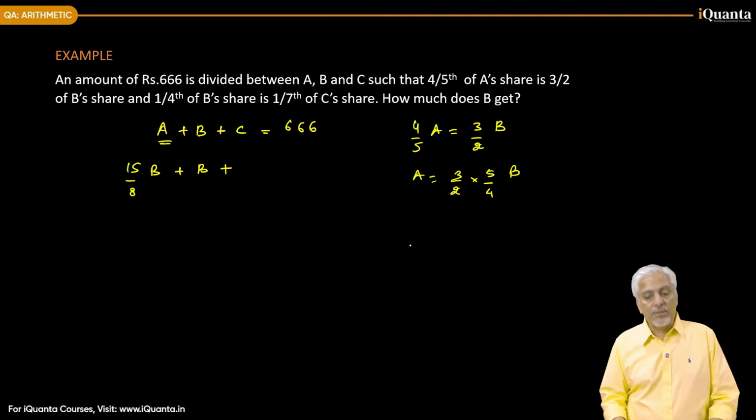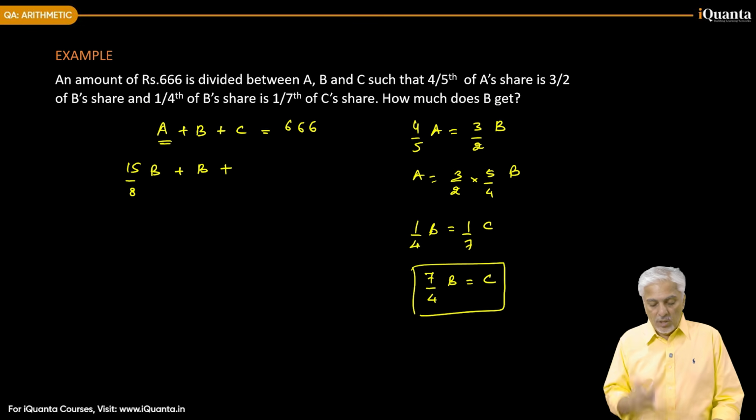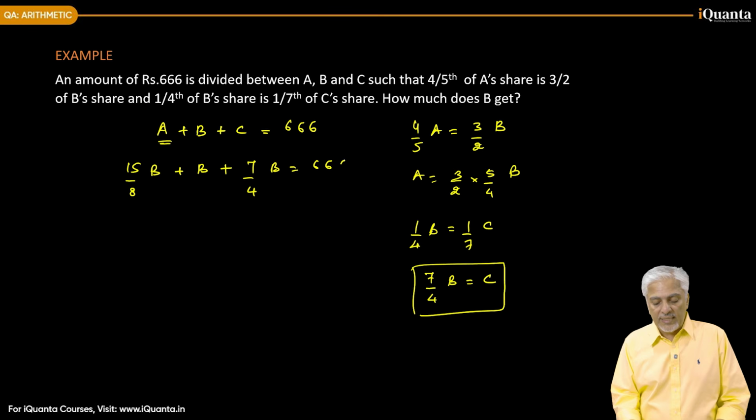And in the second case, it was given 1/4 of B is 1/7 of C. So 7 upon 4 B is equal to C. So instead of C, I'll write 7 upon 4 B.